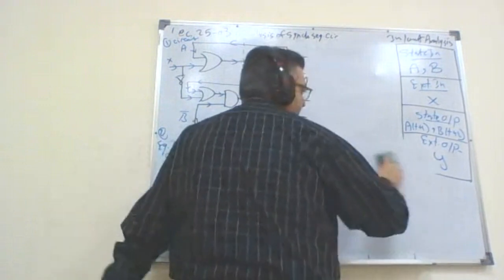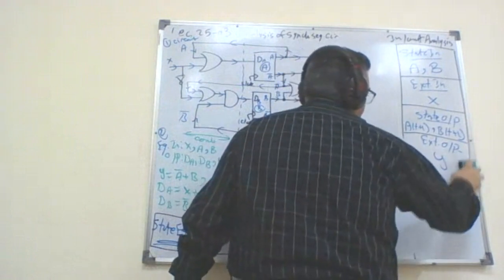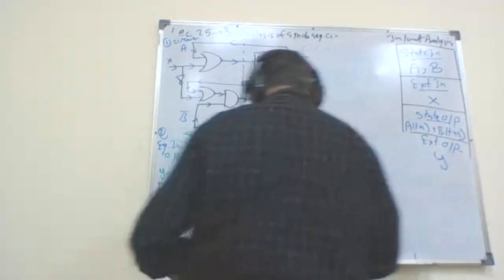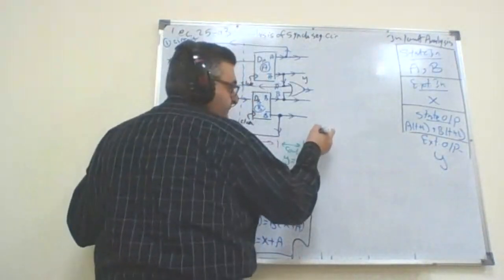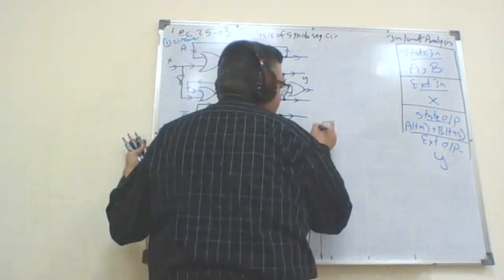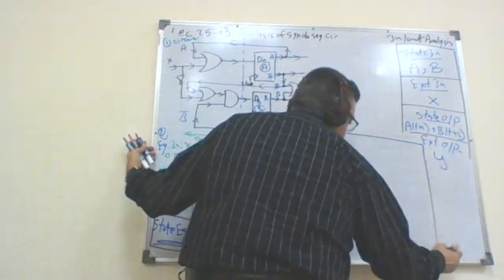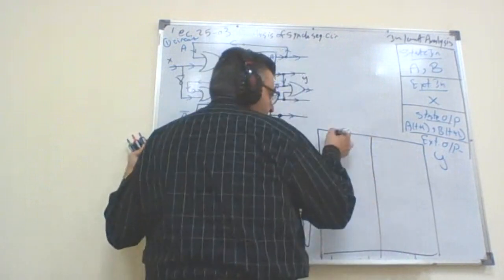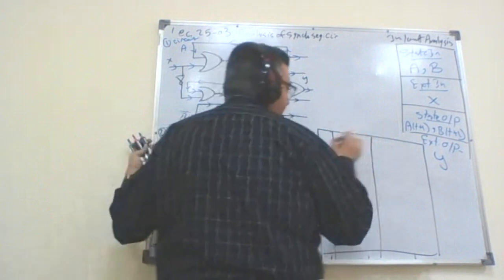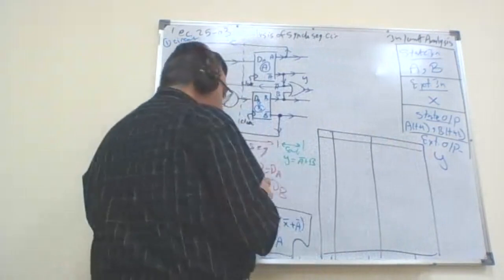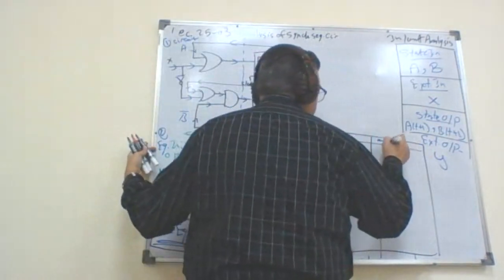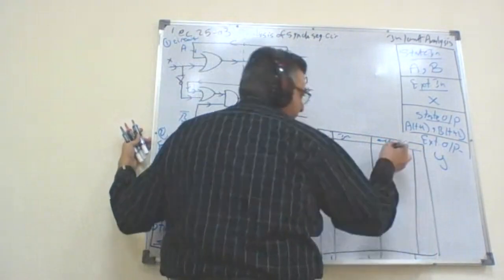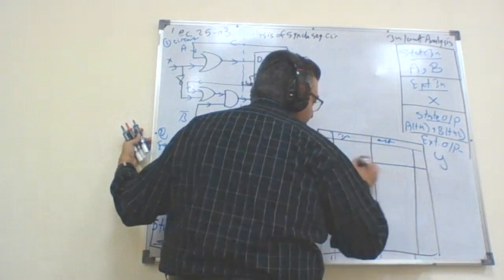So here, we already know that I have external output, Y. I have inputs, I have outputs, and the outputs are two parts. I have external and state.